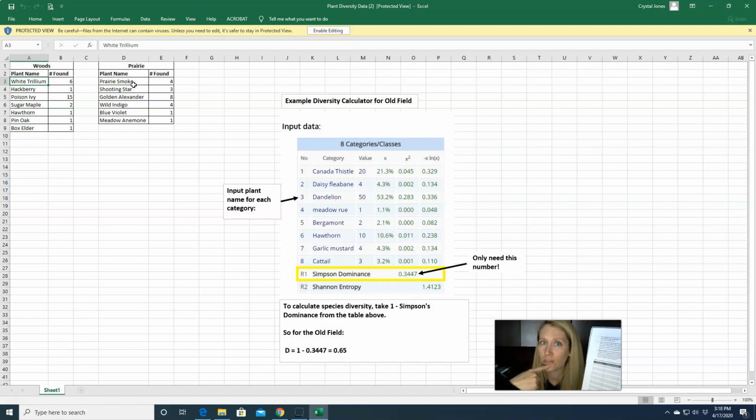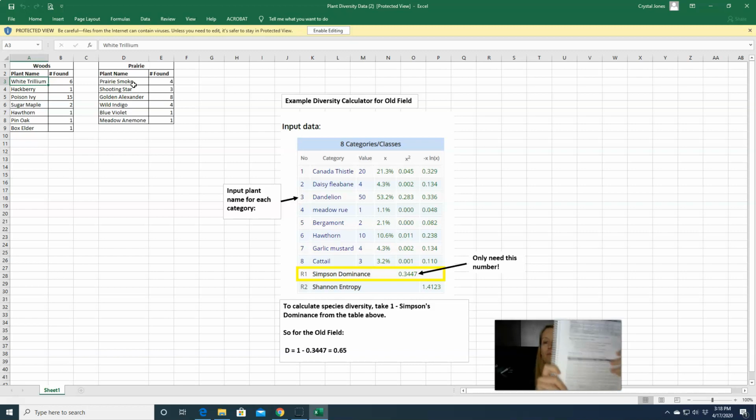That seems logical to me, but for some reason that's not the way it worked. In any case, the first table is for the prairie plants. You will write in the name of the plant, and then you're going to write in how many there are. That's it. Nothing else. You're not going to write anything in the total column or the PI column or PI squared or C. You're not going to do any of that. Just the name of the plant and how many there are, and that's it.